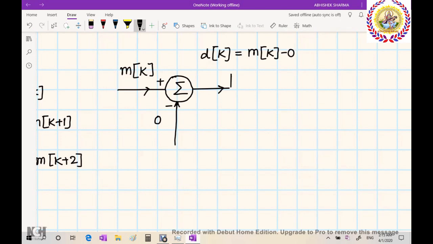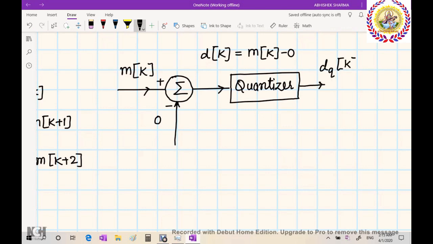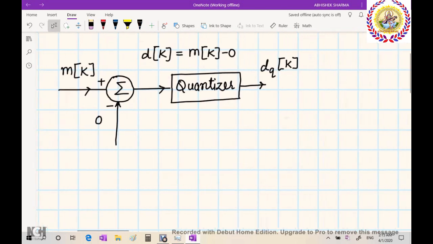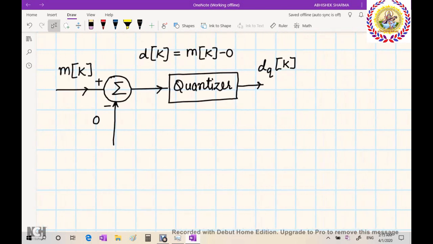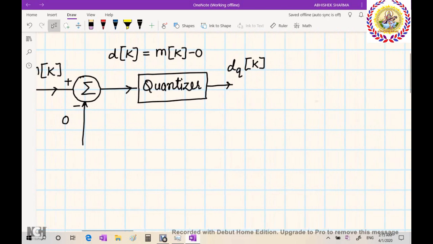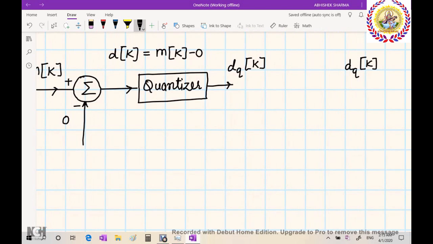Now we have to quantize this value with the help of a quantizer. The quantizer will give the equivalent of dk, which is dqk. Now the first difference which we have to transmit is dqk, so dqk is now available at the output of the transmitter.